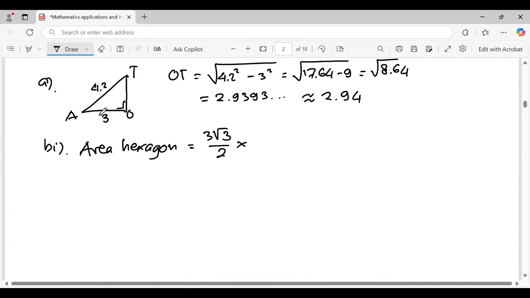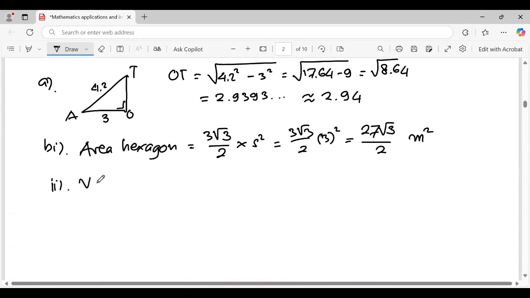S is 3 because it is the base, so 3 square root 3 over 2 times 3 squared. So 9 times 3 is 27 square root 3 over 2 meters squared. So this is the base, the hexagon.